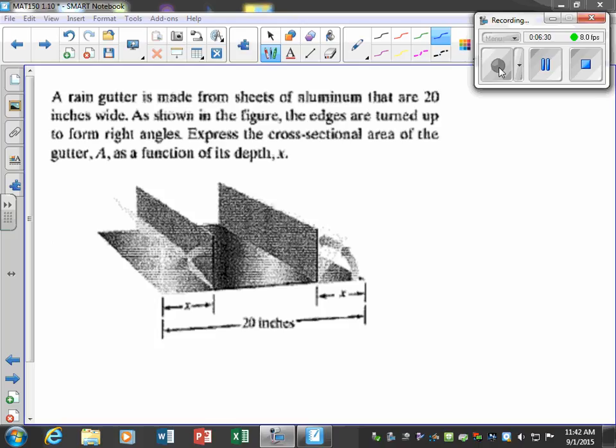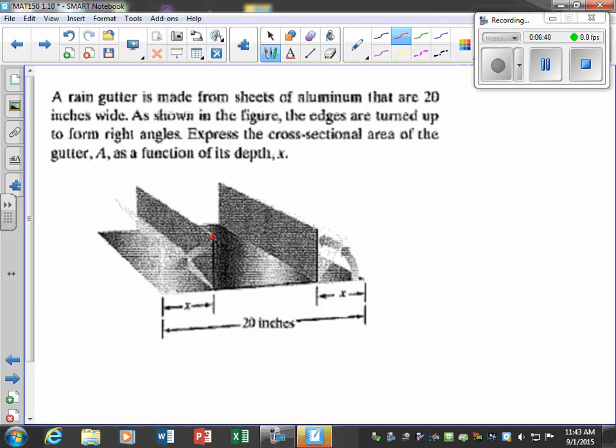All right, we have a rain gutter, and this picture might not be so great, but I'll help you make sense of it. It's made from aluminum that is 20 inches wide. As shown in the figure, the edges are turned up to form right angles.